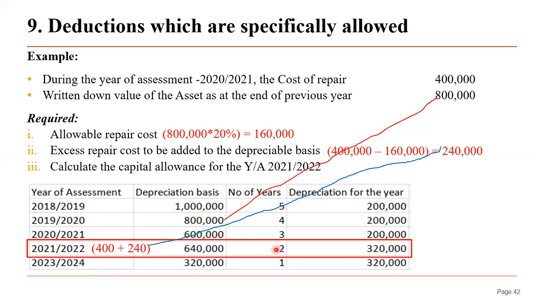Then divided by 2, the depreciation for the year is 320. Then the next year, 320 divided by 1, only 1 year is remaining, so the depreciation for that year, the capital allowance, is 320.